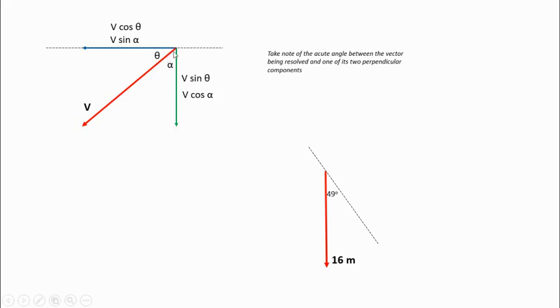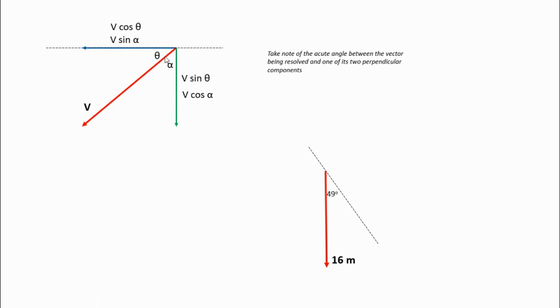So generally, if this vector V, represented by this red line, is the vector we want to resolve, then when we sketch where those two perpendicular components would be, they should form acute angles with the vector we're trying to resolve.